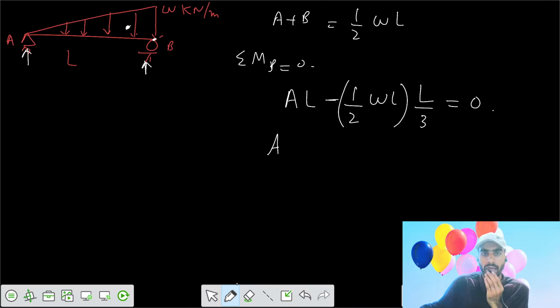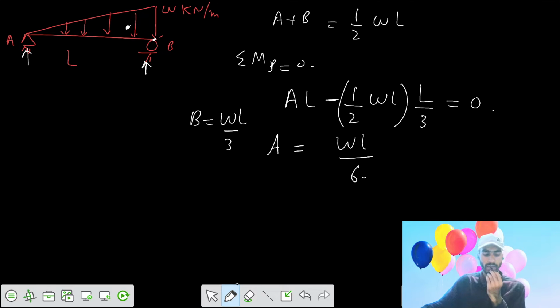So we can write A equals WL by 6, and similarly we can get B equals WL by 3.